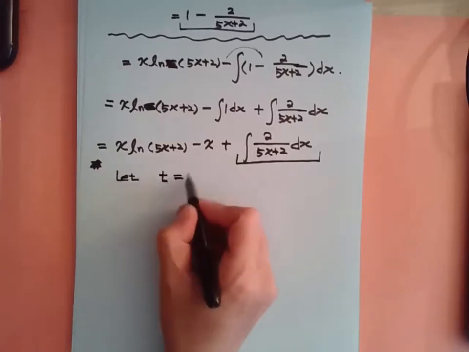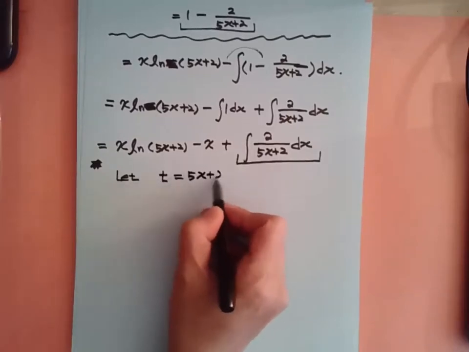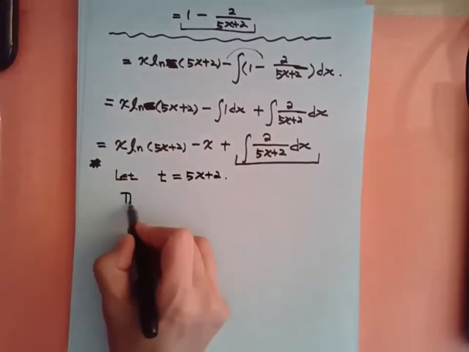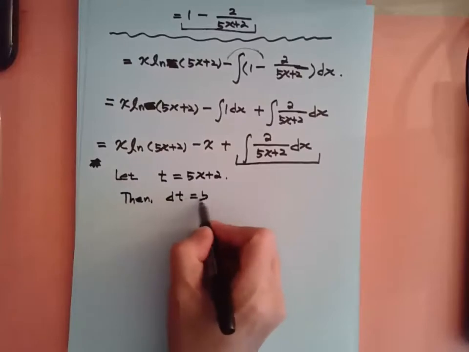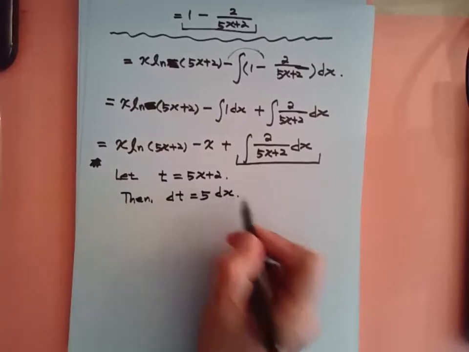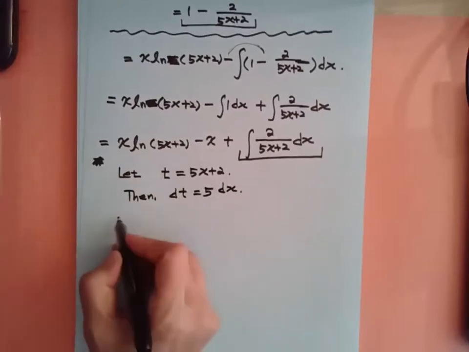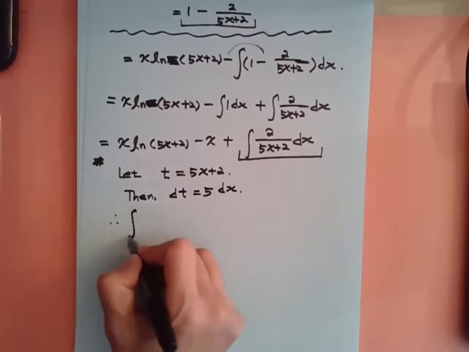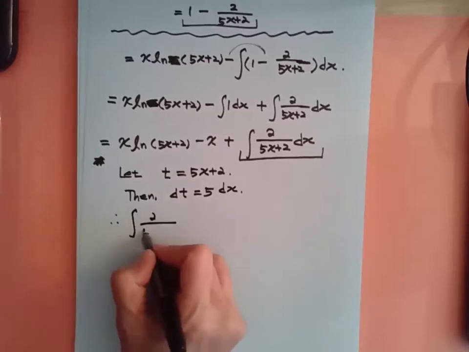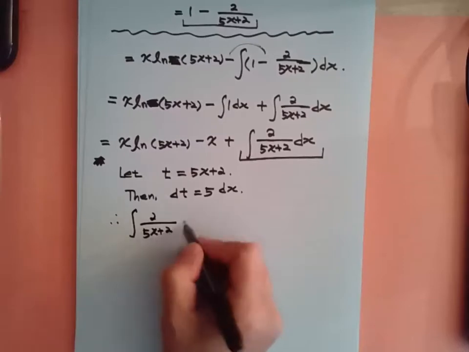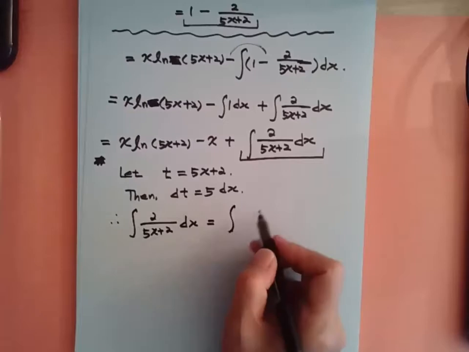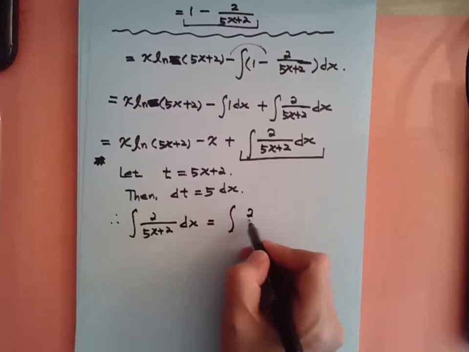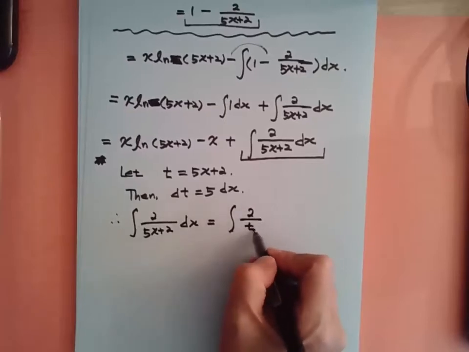Let t equal 5x plus 2. Then we have dt equals 5 dx. So integration 2 over 5x plus 2 dx equals integration of 2 over t.